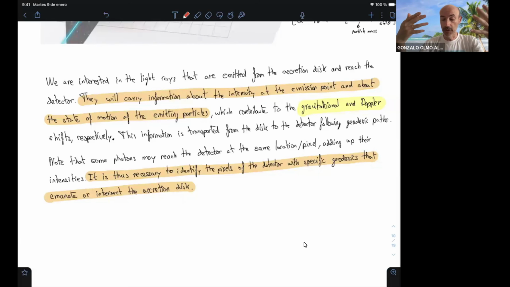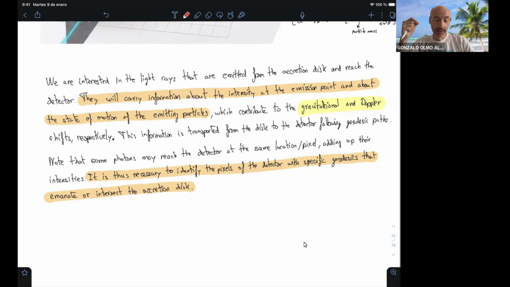Okay, this is the observable part of the black hole shadow. But each pixel is hit by a geodesic, and this geodesic can be propagated backwards towards the black hole and the accretion disk. And therefore, what we want to do is to keep track of these geodesics.